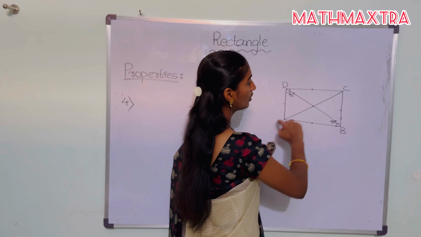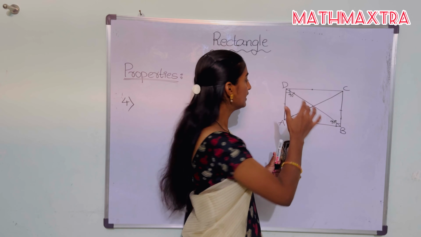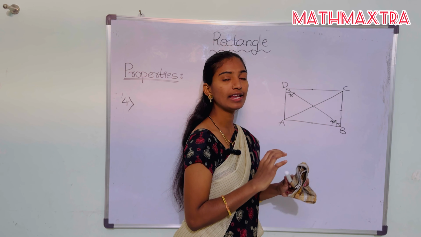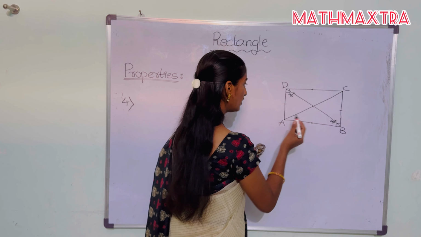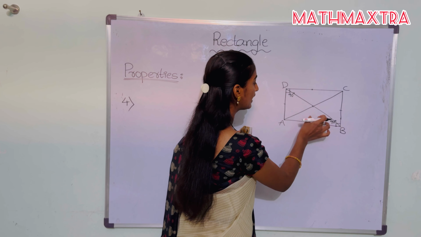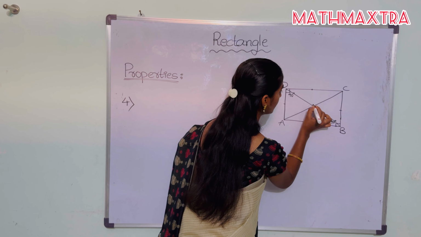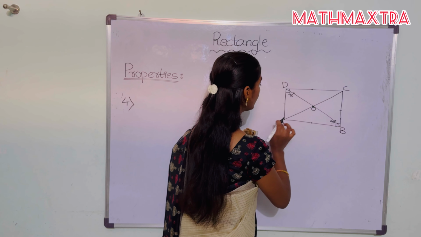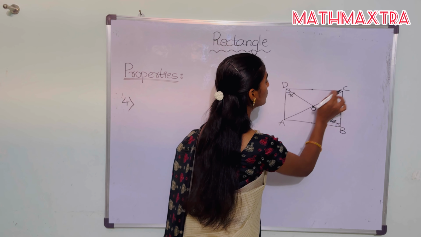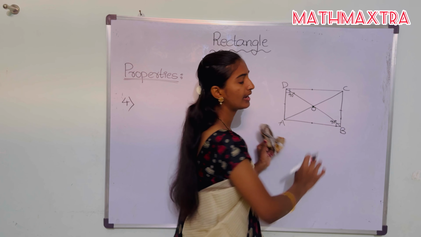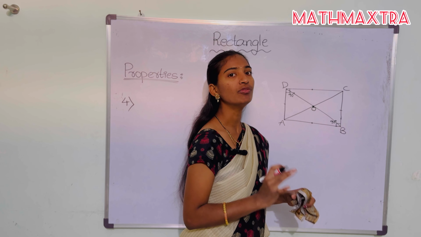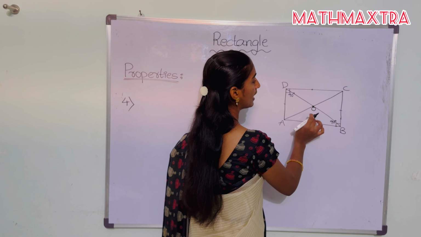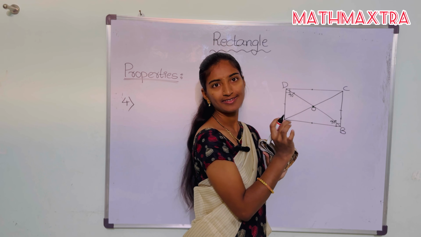See, if you draw two diagonals of a rectangle, these two diagonals divide the rectangle into four equal area triangles. This is the common point of the diagonals, and we have triangle AOB, triangle AOD, triangle DOC and triangle BOC. All the triangles have equal area, and along with that the opposite triangles are isosceles triangles.